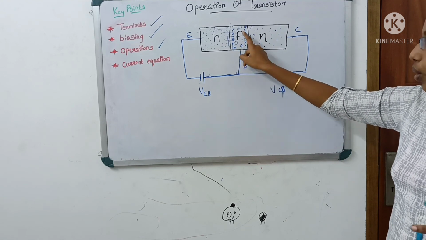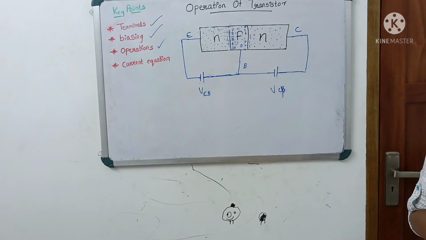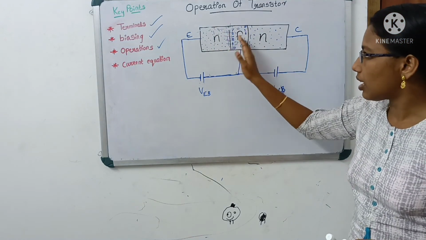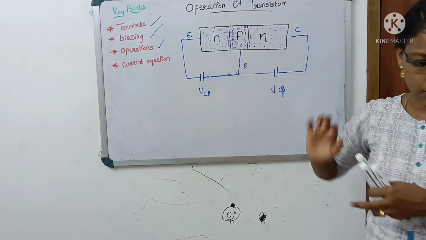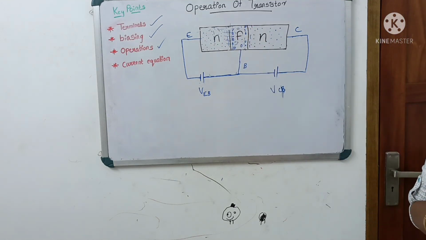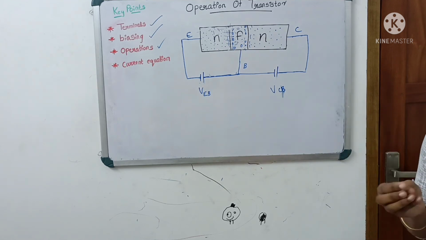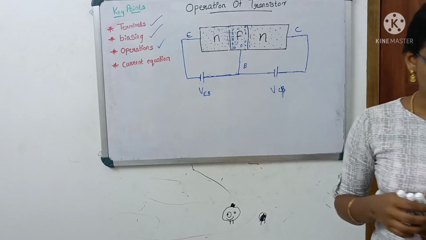The minority charge carriers are electrons, isn't it? The base is very lightly doped, and when we emit these electrons into the P region there are so many electrons in the P region, so some holes undergo the recombination process. After that, the electrons move into the collector region.